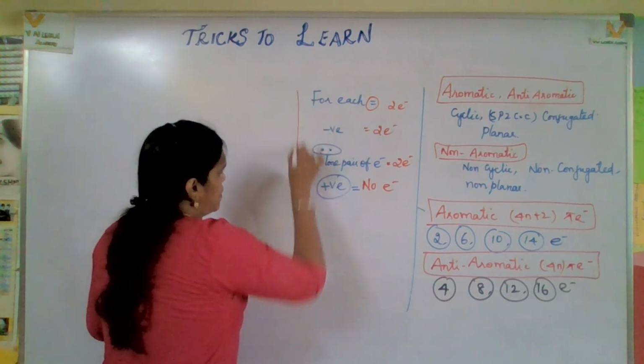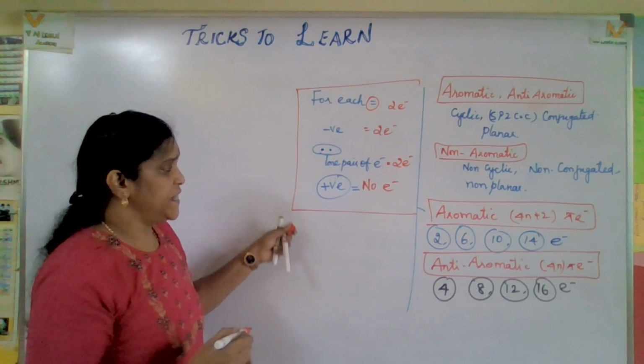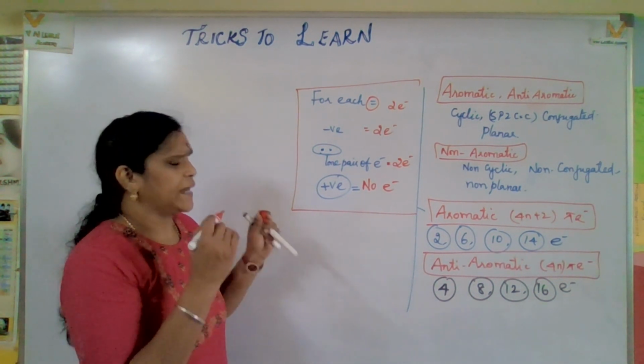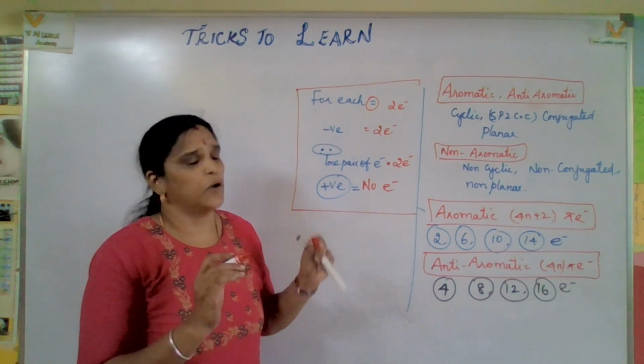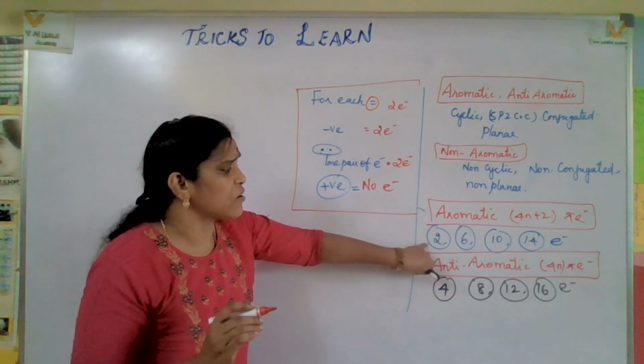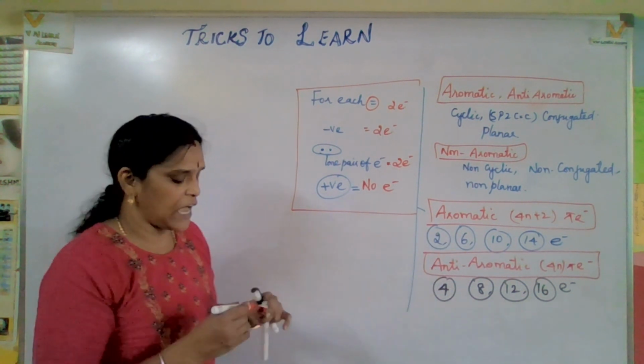These are the main points to be noted to identify whether it is aromatic or not. Suppose you are calculating the number of electrons for a compound. If it is only two electrons, it is aromatic. If it is 4 electrons, it's anti-aromatic.